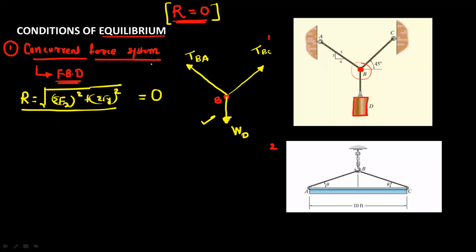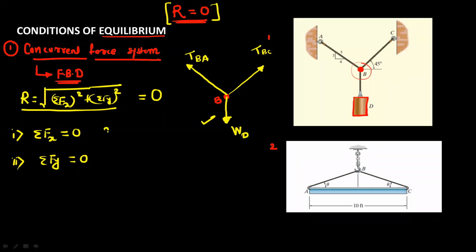So for the concurrent force system, we get the conditions of equilibrium: the first condition is summation Fx must be 0, that is the summation of all x components of forces. And the second condition is summation Fy must be 0.